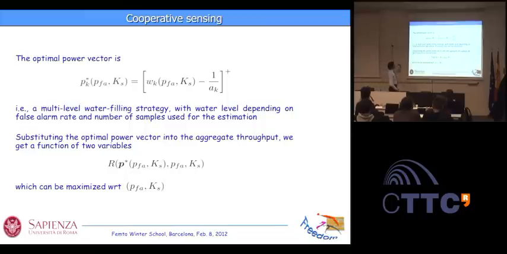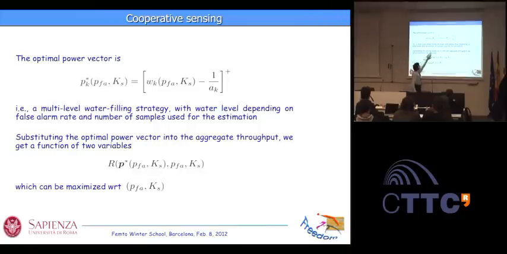The only interesting difference is that now the water level is not exactly a single water level, because it's a multi-level water filling. This level is going to vary across sub-channels. This level is going to depend now not only on the channel coefficients and the power as usual, but it is also going to depend on the false alarm probability and on the number of samples used for the estimation.